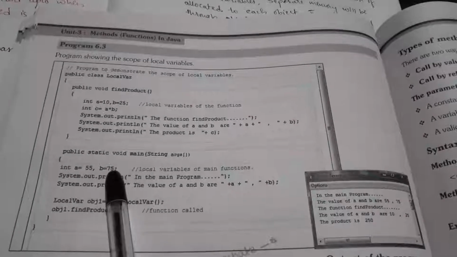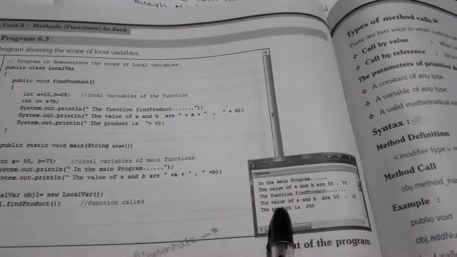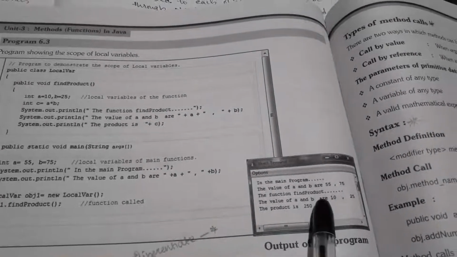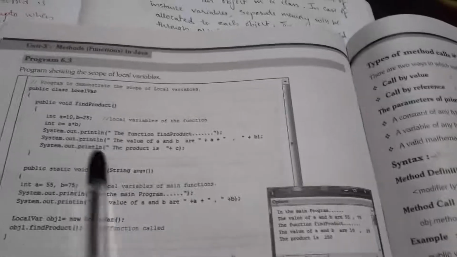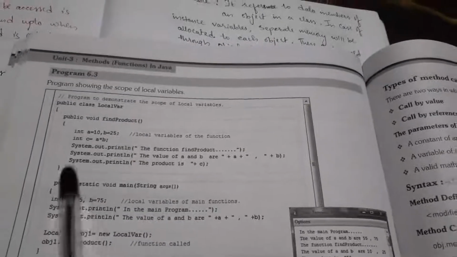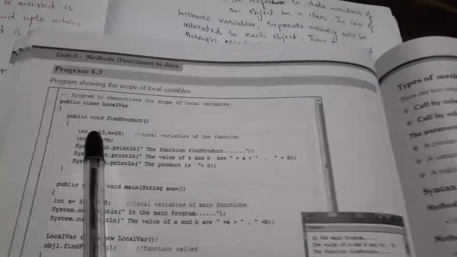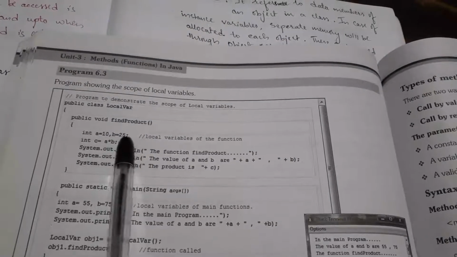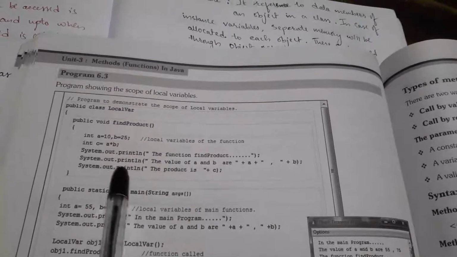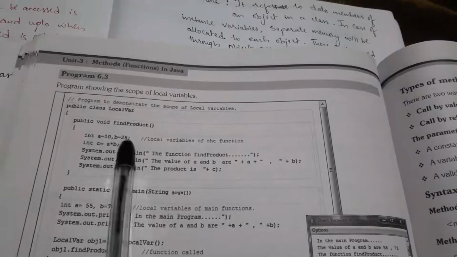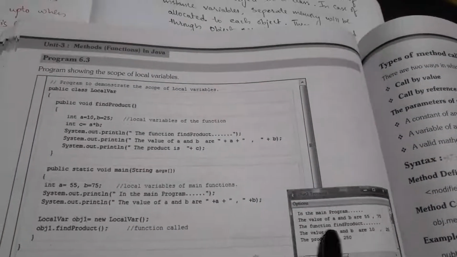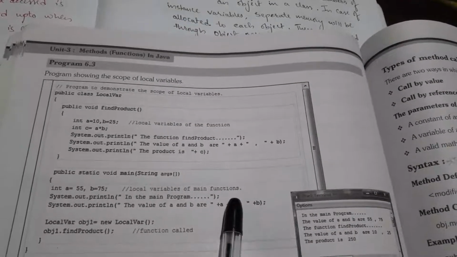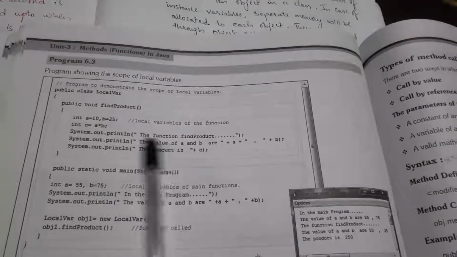So 55 and 75 is the main value. After that, in the function findProduct, the values of a and b are 10, 25, and the product is 250. So in the method definition the values have been changed to a equals 10, b equals 25, and if multiplication is used, then the answer will be 250. This is how the product will be displayed.